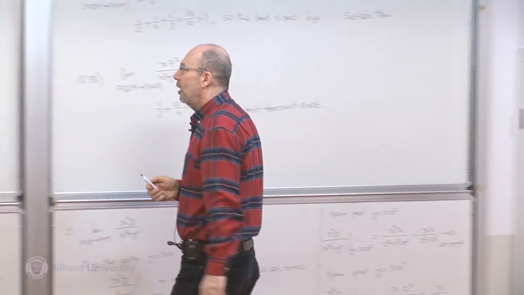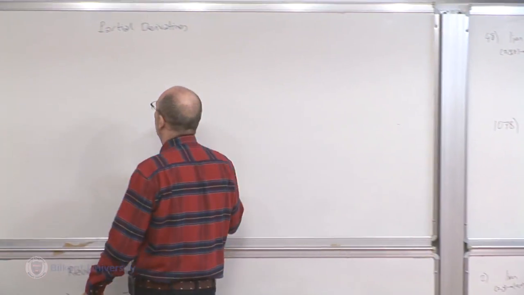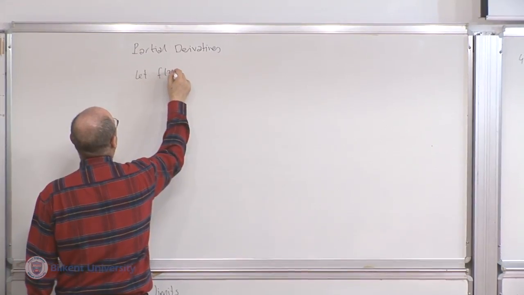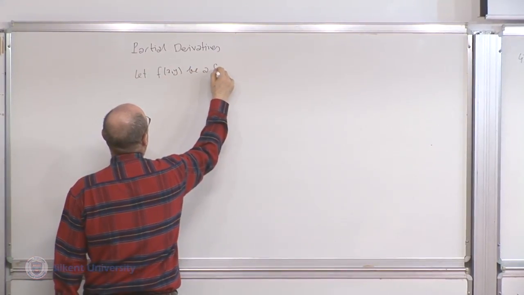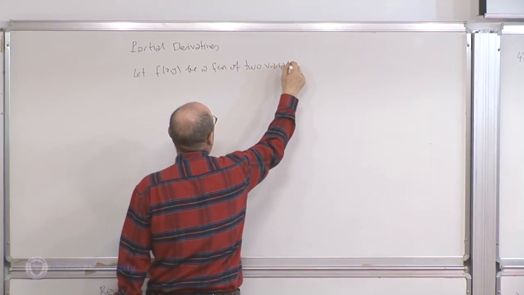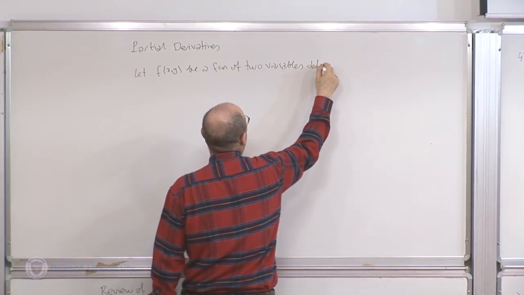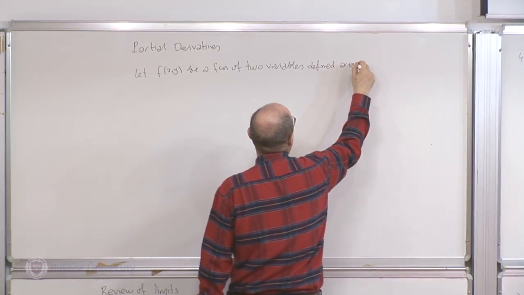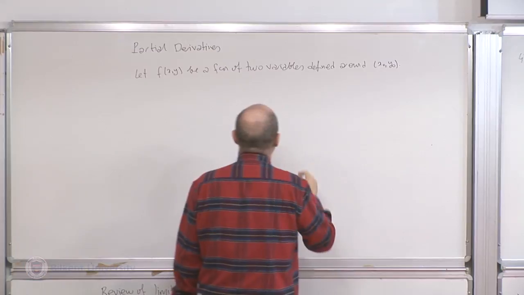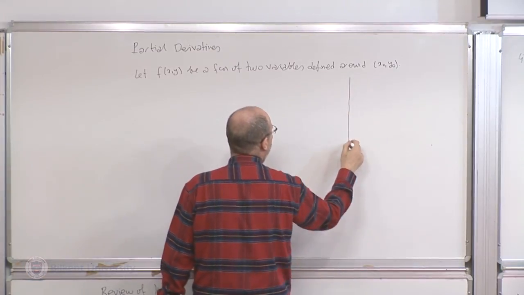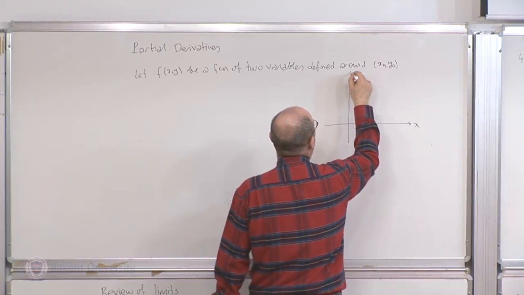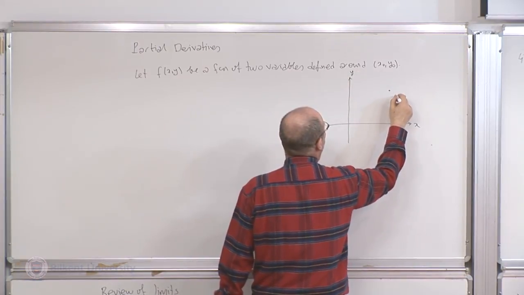So first of all, how do we define partial derivatives? Okay, so let f(x, y) be a function of two variables defined around a point (x_0, y_0). Okay, so what happens here is the picture. So this is the x-axis, y-axis, and here we have our point.